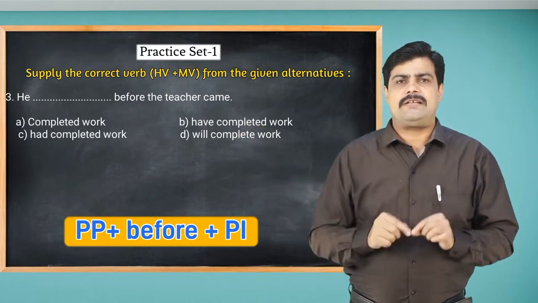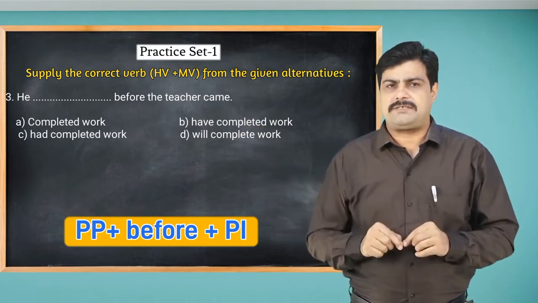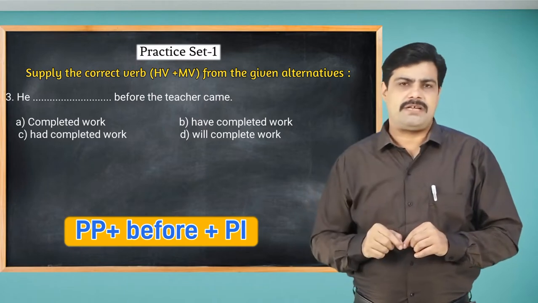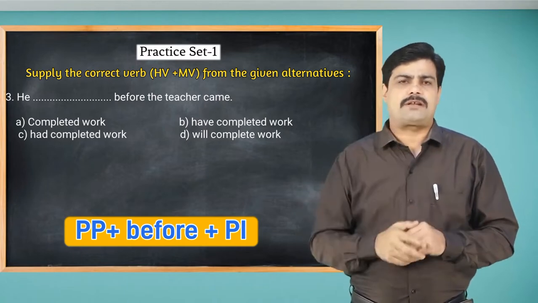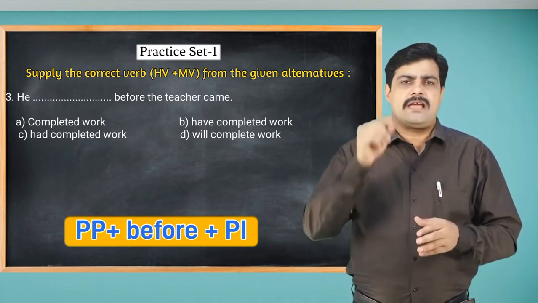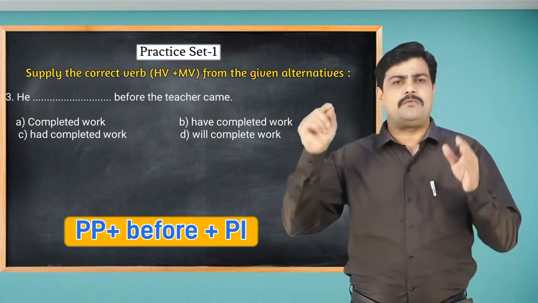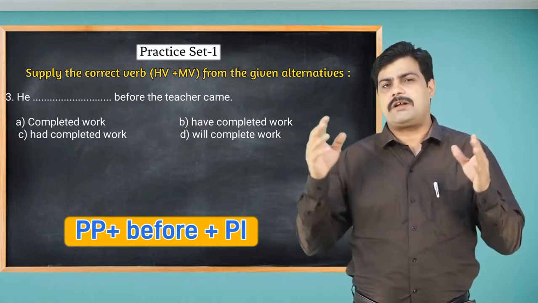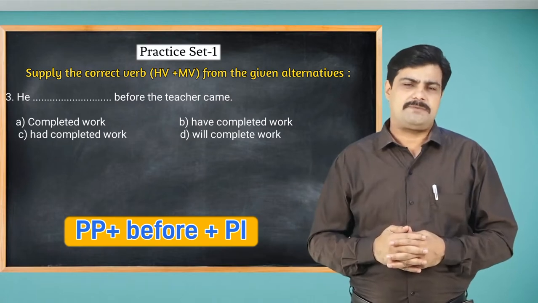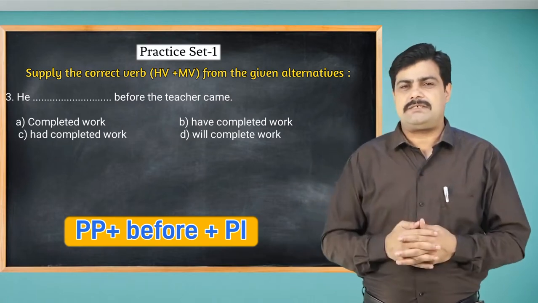So the first sentence would be in perfect tense, and perfect is option C here, had completed the work. So you can say the sentence: He had completed the work before the teacher came. Option C is right.